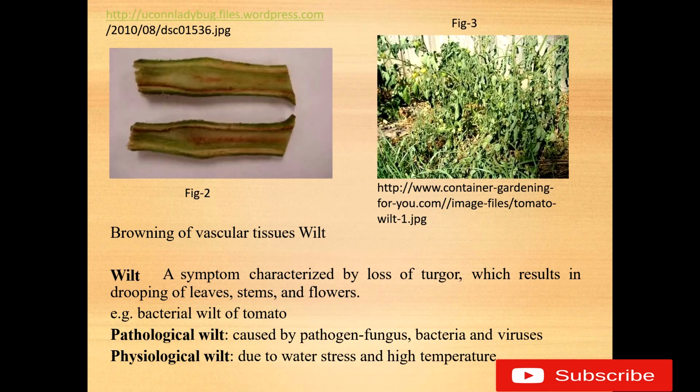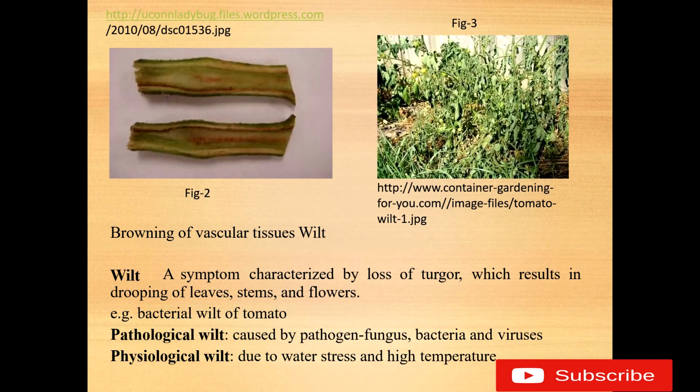And another one is wilting. So what do you mean by wilting? It is the loss of turgor, resulting in drooping of leaves, stems and flowers. What does loss of turgor mean?